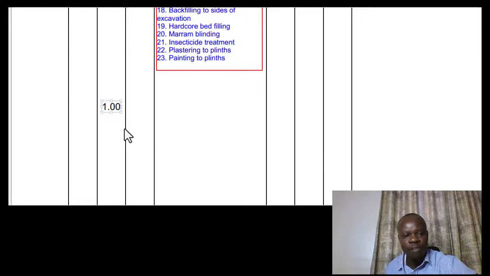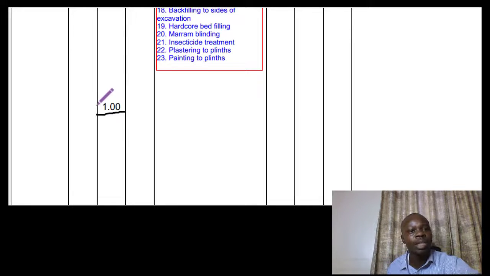Depending on the identification, if you have 2 trees, you'll indicate only 1, and once you do that, you underline this all through. That underlining means that you've already measured it.